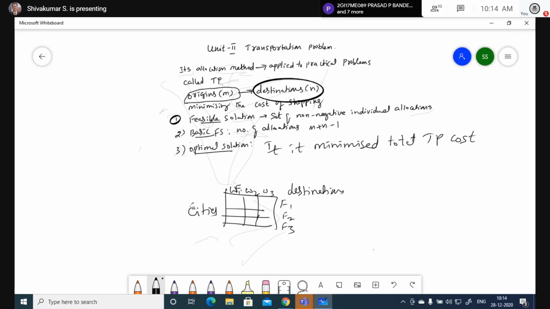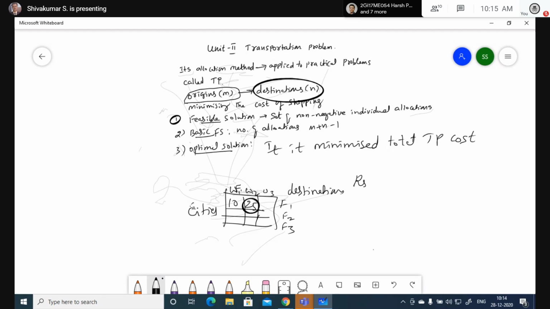Now, from factory to warehouse or warehouse to factory, you have to transport something, and there is a cost involved. If it is in rupees, say you write 10, so 10 rupees is the cost of transporting from warehouse to factory. If you write 25, it's the cost of transporting from factory to warehouse.